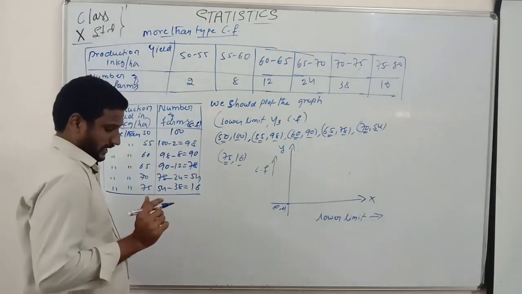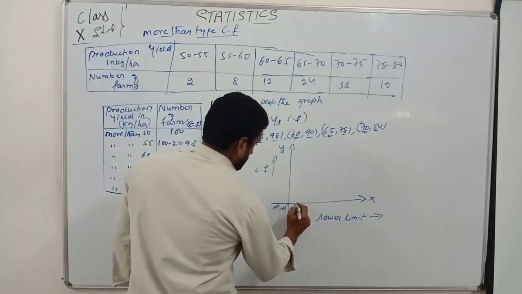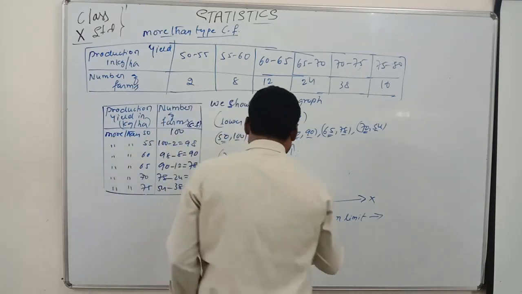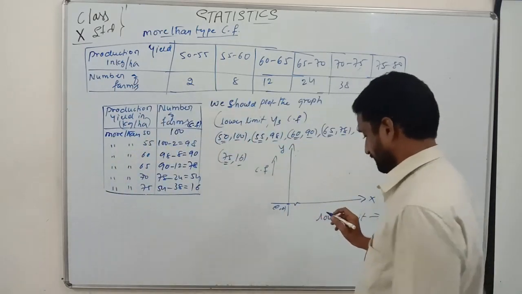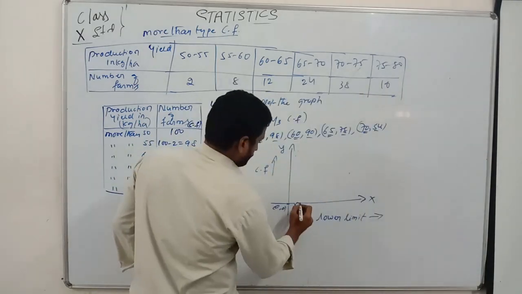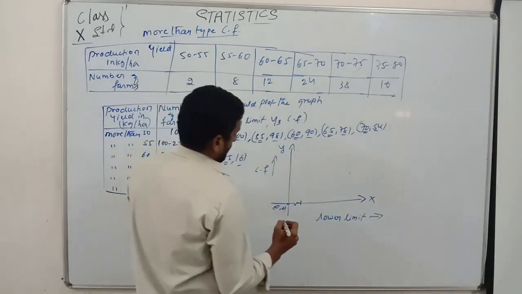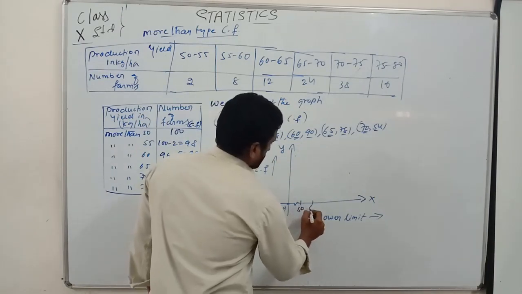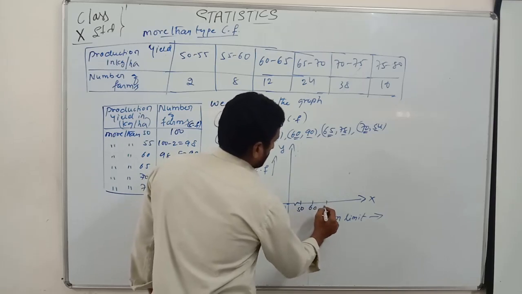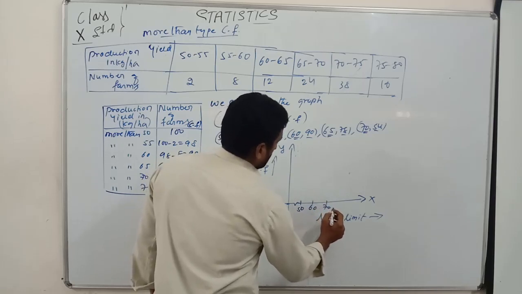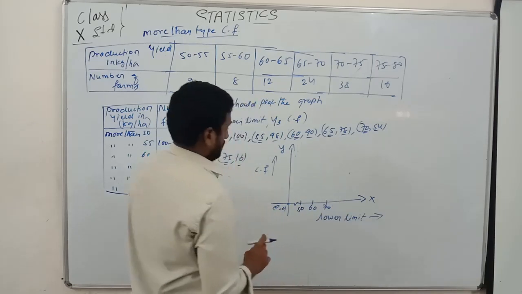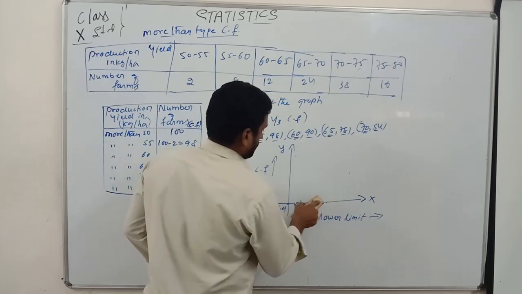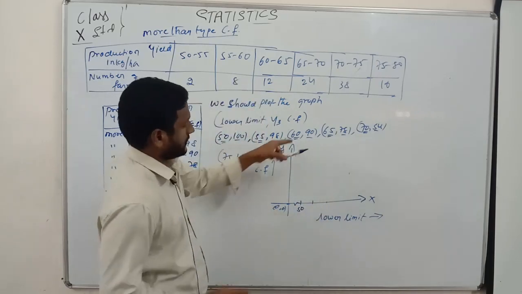We can take 55 as well, because the values go 50, 55, 60 like that.